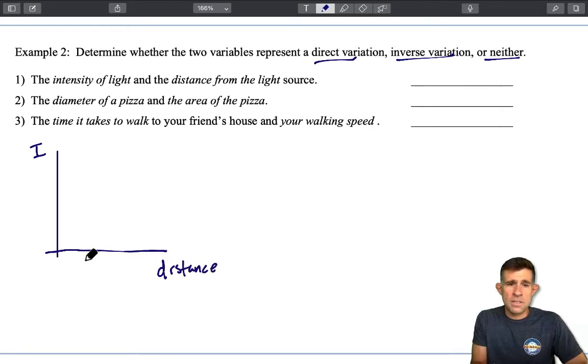So as your distance from that light increases, as you get further and further away from that light, what do you suppose is happening to that intensity? Well, let's just take an example, I guess.